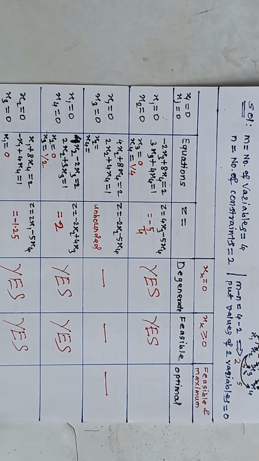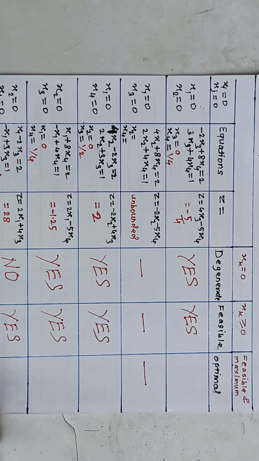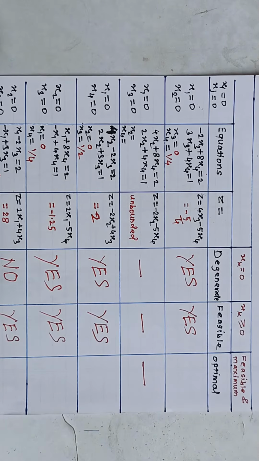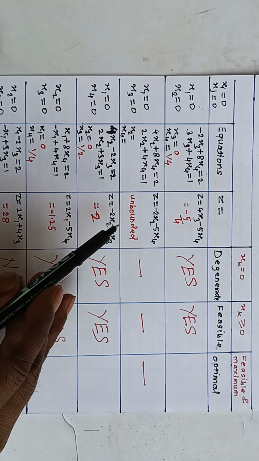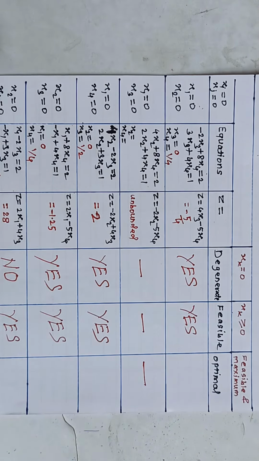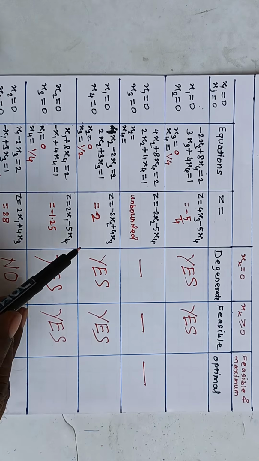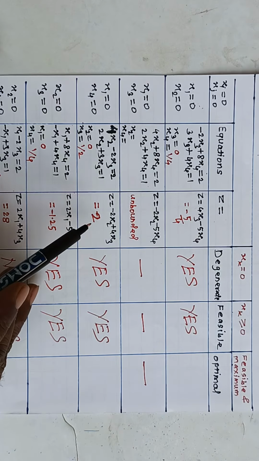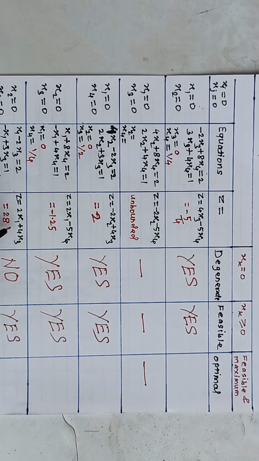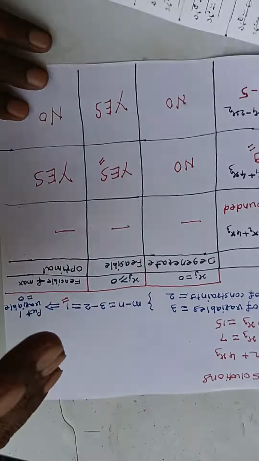Now we have to know about the optimal solution. When can we say optimal? The largest value, maximum value of z. Minus 1.28, minus 1.25, 2, minus 5 or 4. These values are negative. Only this and this are positive. In positive values, 28 is the most positive, the maximum value.